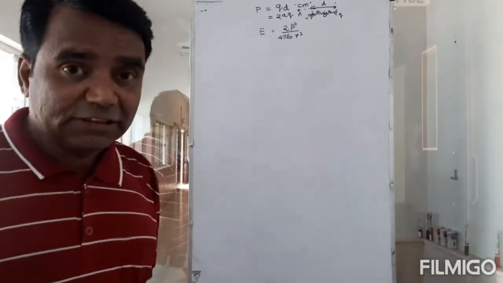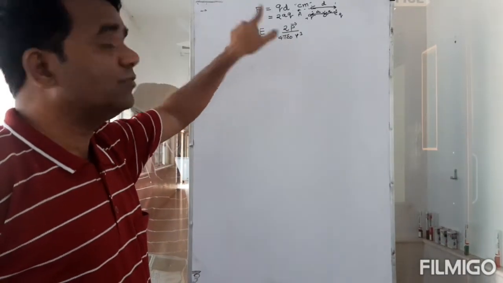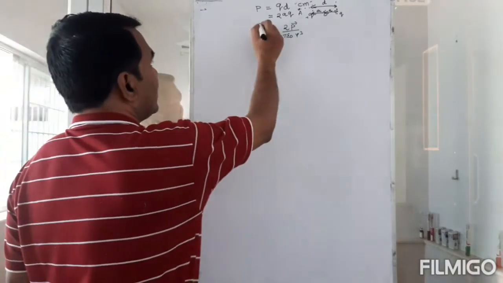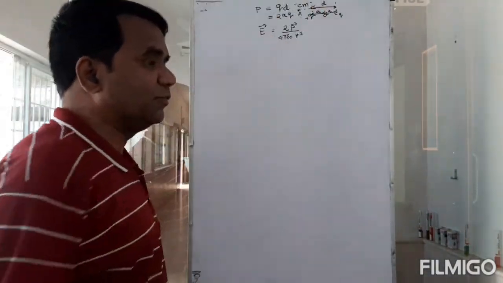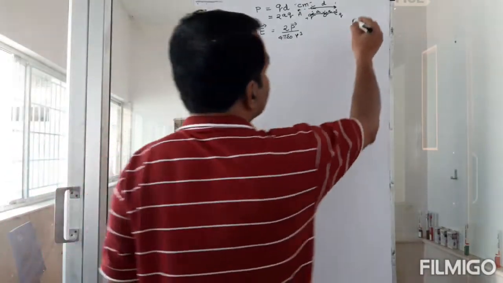You may think that the unit of this will not match with the unit of the electric field, the definition that we had before. So what did we have when we took a point charge?